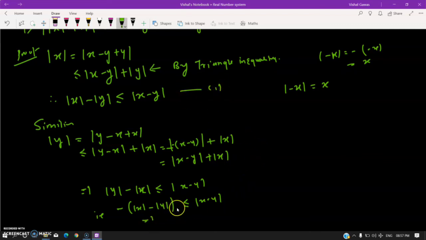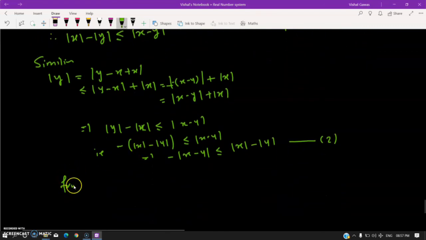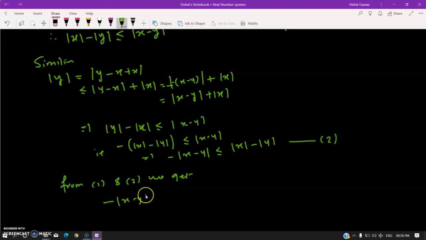If I multiply both sides by negative, this will be that the negative of the absolute of x minus y is less than or equal to the absolute of x minus the absolute of y. Let me name this as 2. So what do we get from 1 and 2? From 1 and 2 we get negative of the absolute of x minus y is less than or equal to the absolute of x minus the absolute of y, and that is less than or equal to the absolute of x minus y.